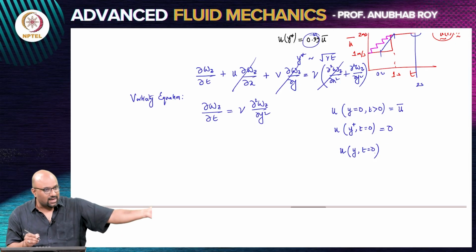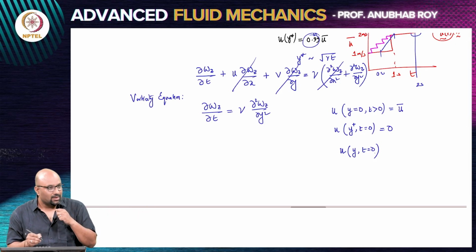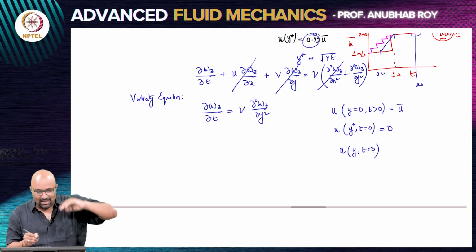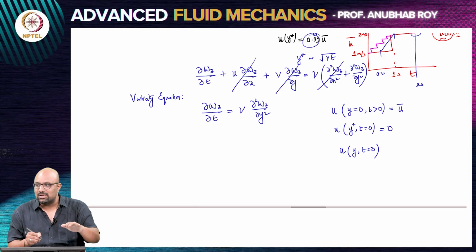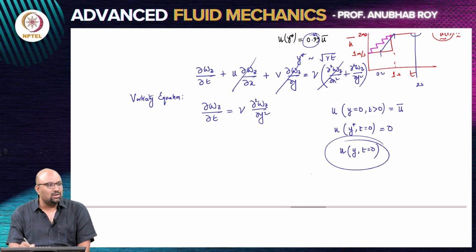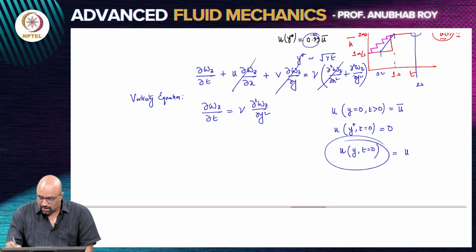So there is a sudden impulse that you have given at the plate. So at time t equals 0, the entire fluid is at rest and the plate has suddenly been brought into a state of motion. Immediately at the next instant, the layers which are sticking to the plate will start to move. But if exactly at t equals 0, I want to describe the velocity, that is going to be u bar.